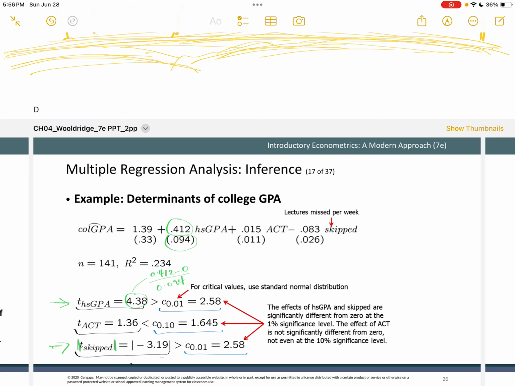And we found out that that was also greater than the critical value 2.58 at the 1% significance level. And so for high school GPA and skipped lectures, the effect of that on college GPA was statistically significantly different from 0.